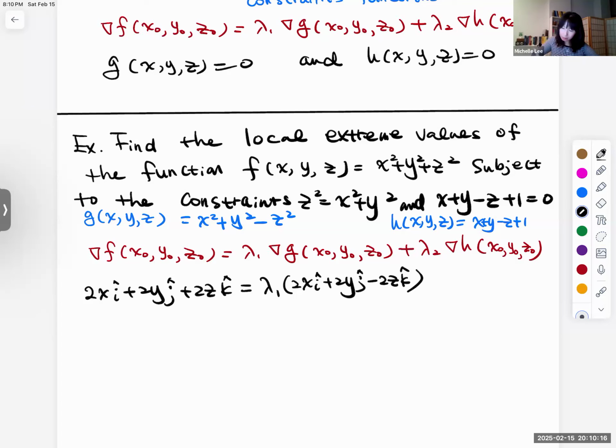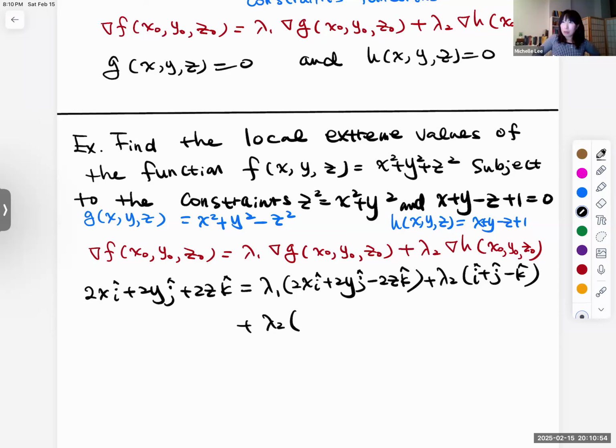Now for lambda 2, the partial derivative with respect to x, y, z will be 1, 1, 1s, that is i, j, negative k, right? So let's make it lambda 2 times i hat plus j hat minus k hat.